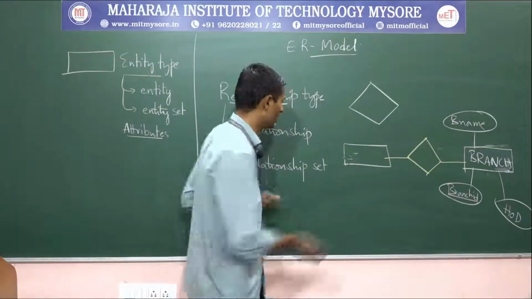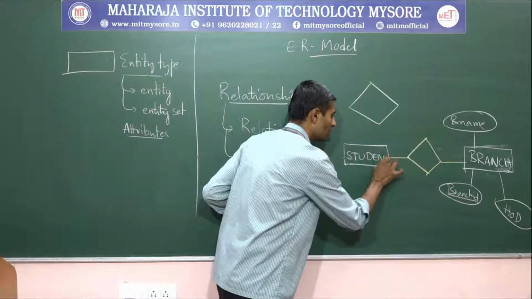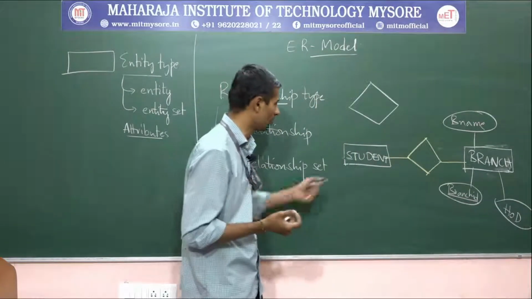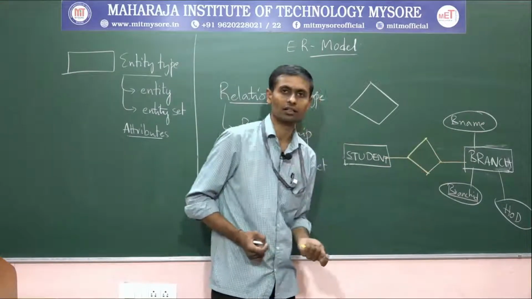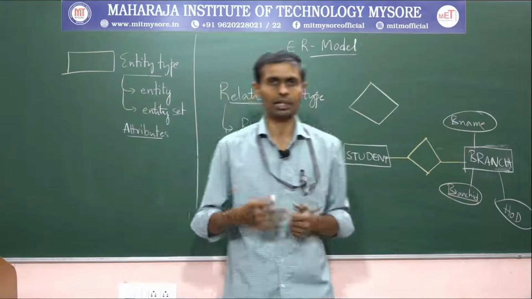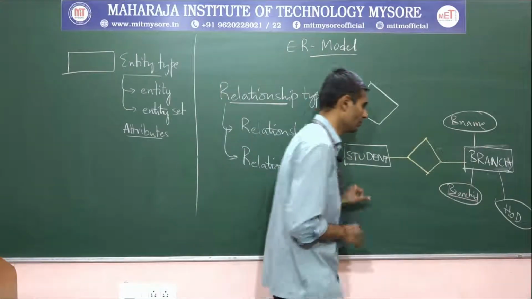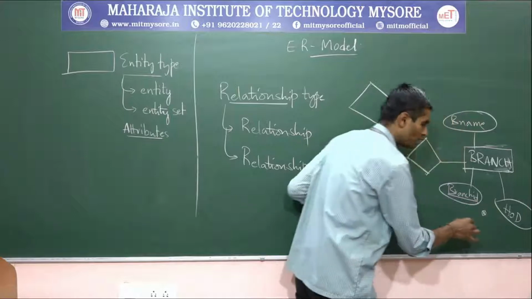Now after that I said student. Student is one more entity type. So now we'll try to build a small relationship between this student entity and the branch entity. Let's say each branch, for example CS, IS, MCA, MTech, something. I'm having plenty of branches in a college, let's assume. Then each branch will become one instance.